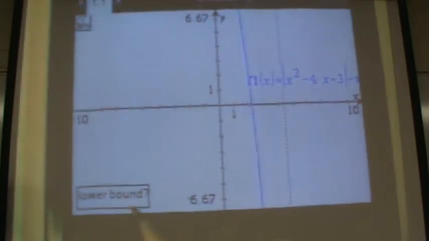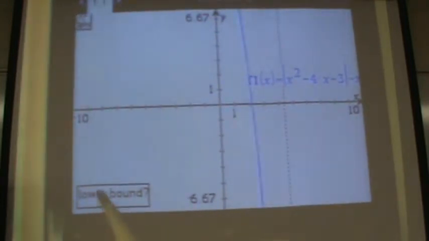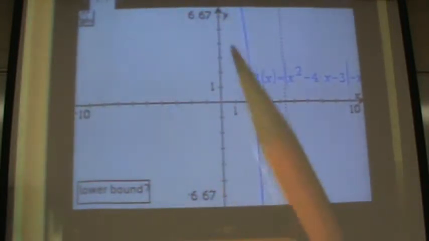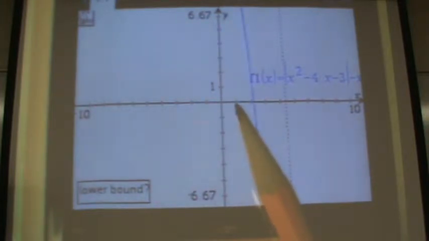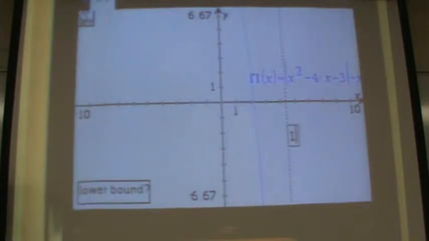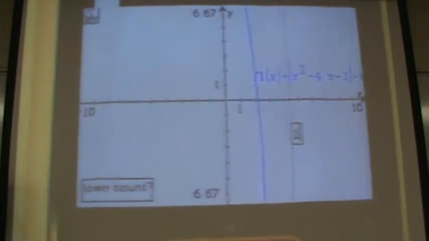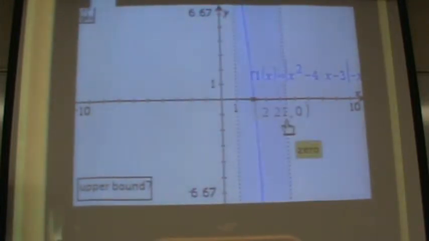Now look what it asks us. Lower bound. So here is the graph of it. Can you give me a number to the left of it? 2. Left. 1. You could say 2, but 2 is really close. Let's do 1. And then hit enter. See how it popped up? Hit enter.